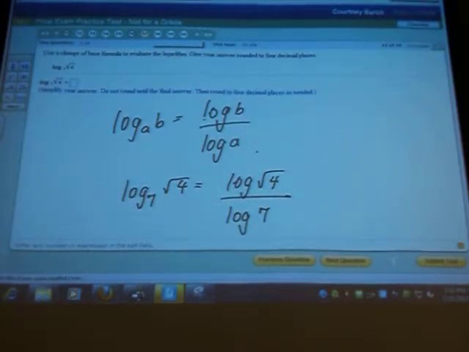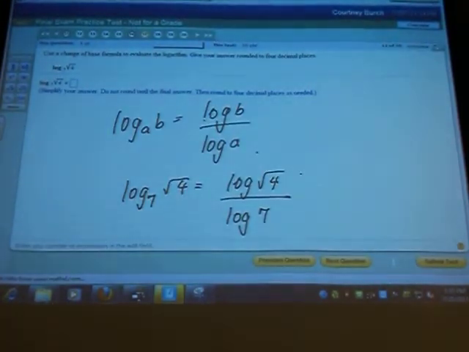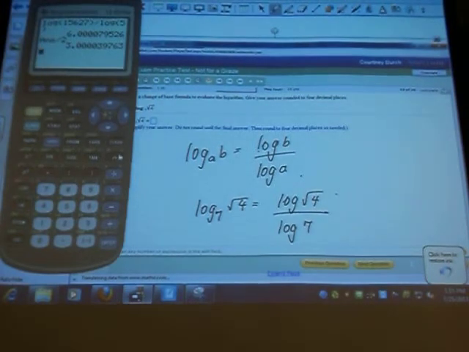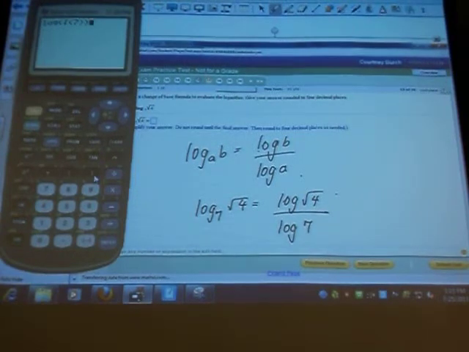Now in the calculator, I'm actually going to need a couple parentheses here because the square root needs parentheses and the log. Be careful with your parentheses here. I'm going to do log of square root of 4, close parentheses twice. Close once for the square root, once for the log.